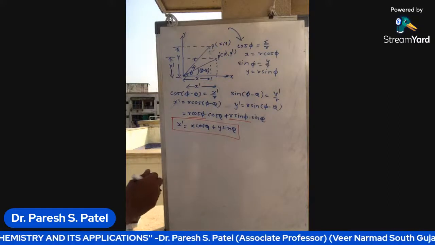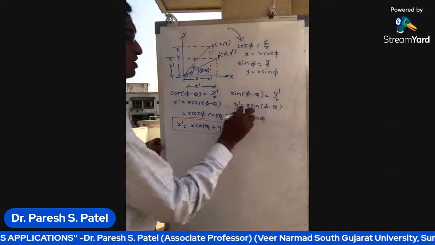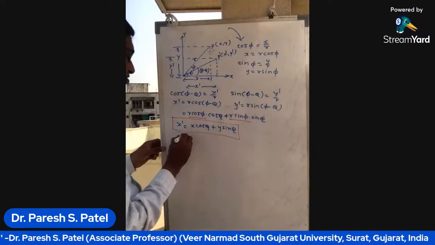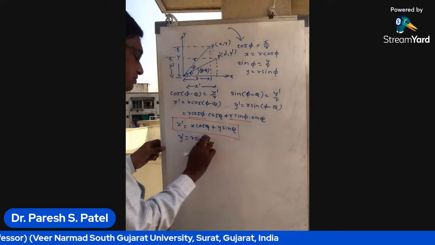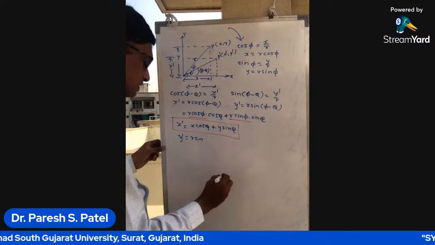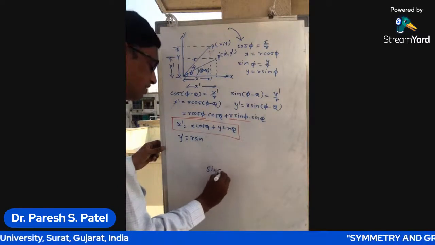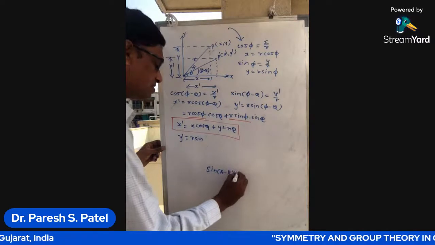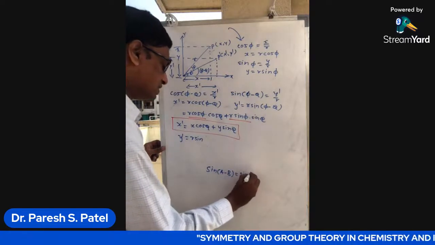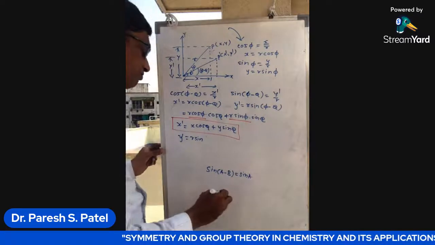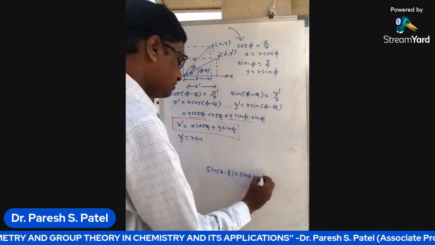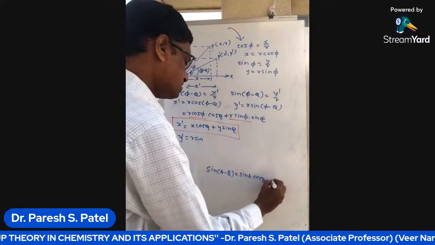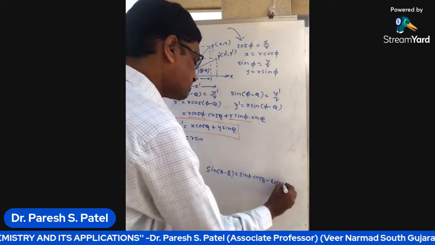Now if we go for the simplification of y dash, y dash is equal to r sin of phi minus theta. Sin a minus b is equal to sin a cos b minus cos a sin b.